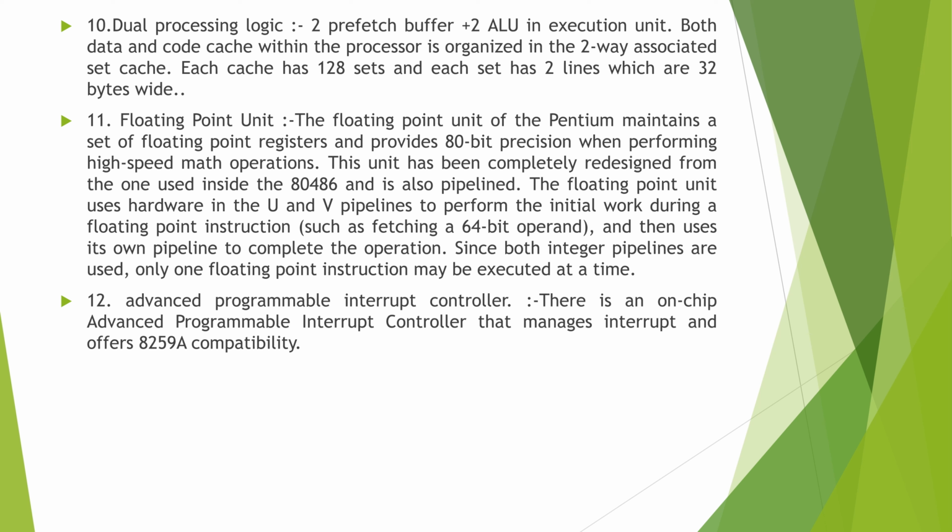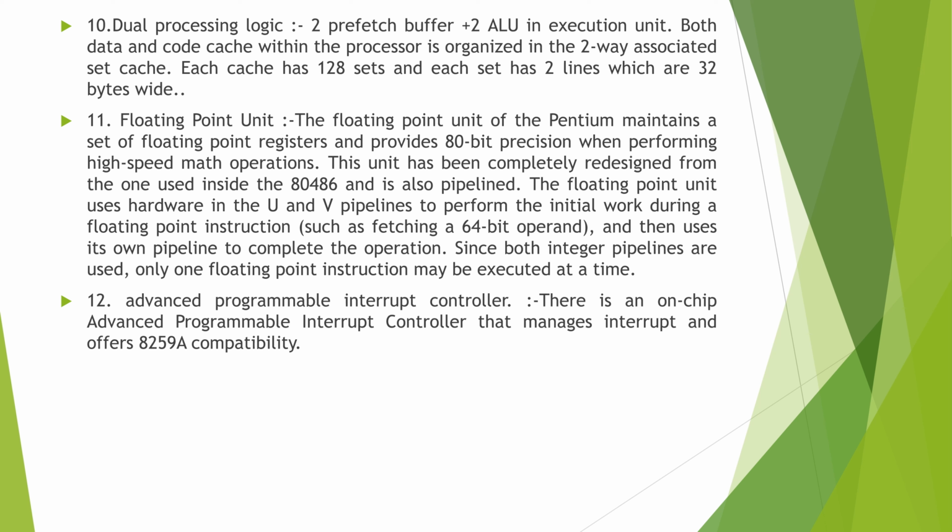This unit has been completely redesigned from the one used inside the 80486, and that is also pipelined. The floating point unit uses hardware from the U pipeline and V pipeline to perform the initial work during a floating point instruction, that is fetching of the 64-bit operand, and for the first four stages, that is prefetch, decode 1, decode 2 and execute, and then uses its own pipeline.